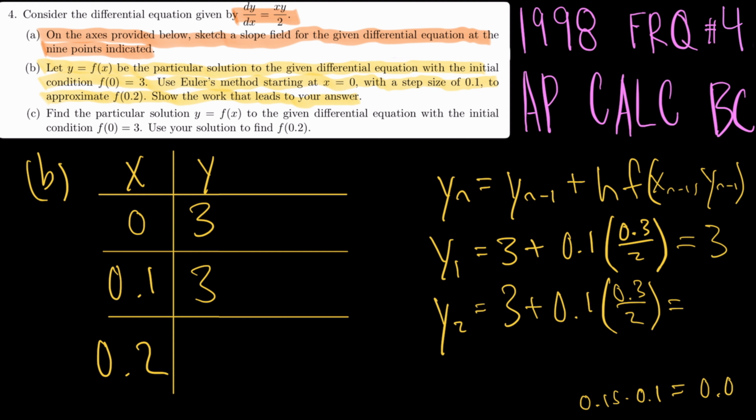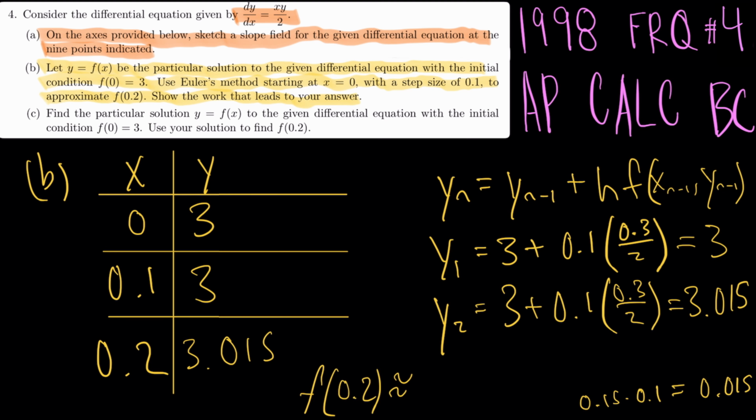And we are adding that to 3. So we have 3.015. So we can write out here f of 0.2 is approximately 3.015. And that is our answer for part B.